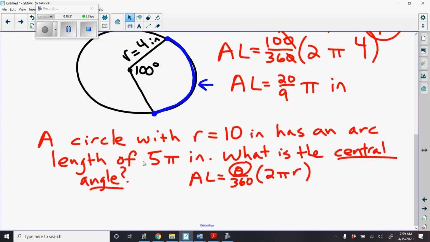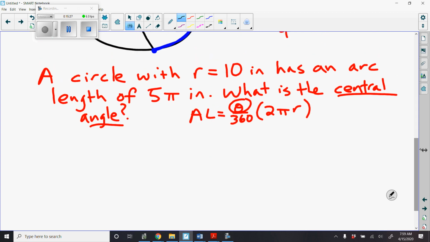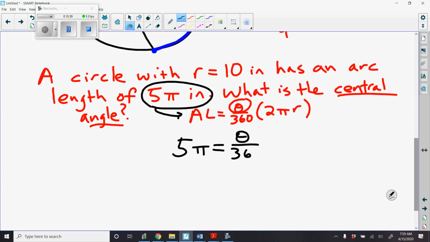So let's see how we would do this. Again, 5 pi is going to go in for my arc length. I don't know theta, so it's going to stay theta. And 2 pi r is going to be 2 pi 10, because I know r is equal to 10.